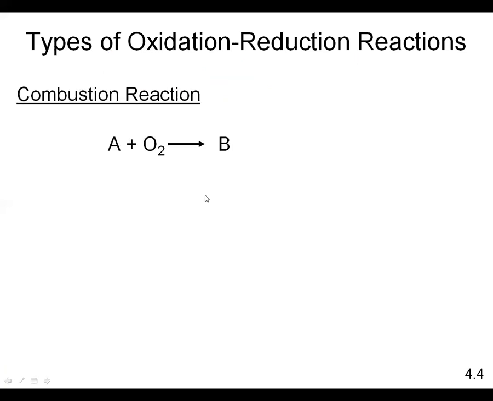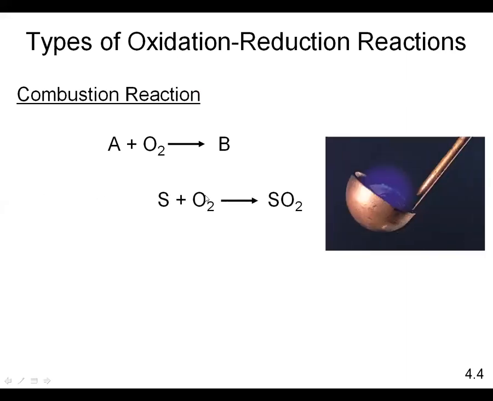Now, a combustion reaction is also a redox reaction. And here, if we look at what's happening in terms of the oxidation states, we have sulfur, which is going from 0 to +4 in this case. And again, going on our number line from 0 to +4 means it's going through oxidation.